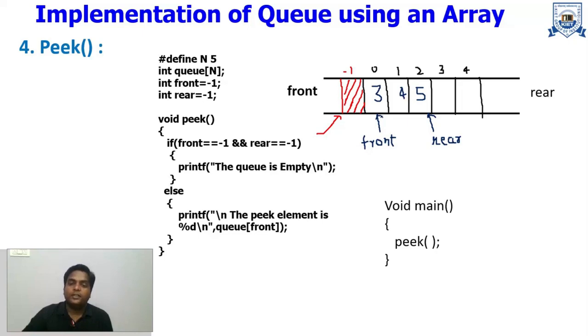Q of front is 3. It's clear, because front is always pointing to the very first element of the queue. So whenever we want to find the peek element, we just print %d q of front. In this way we find the front element of the queue.